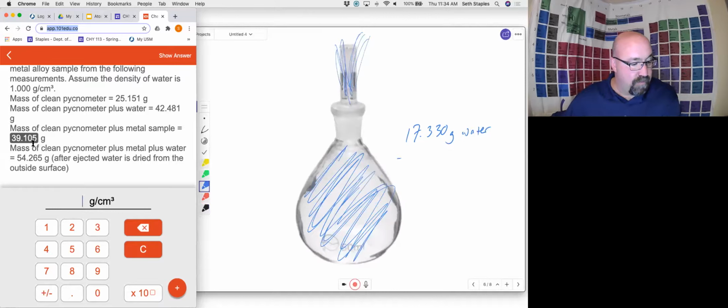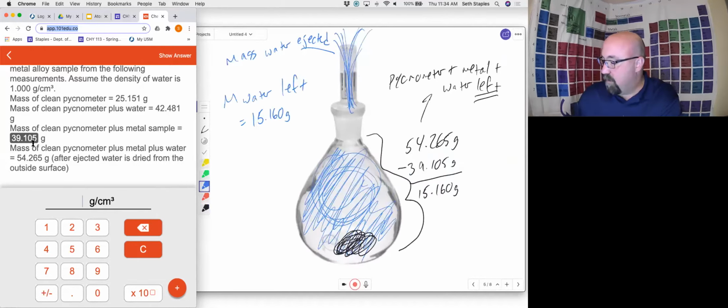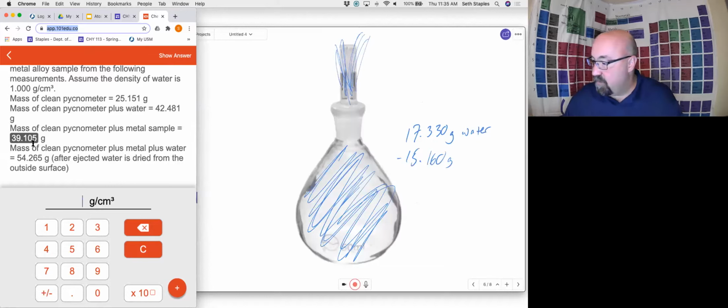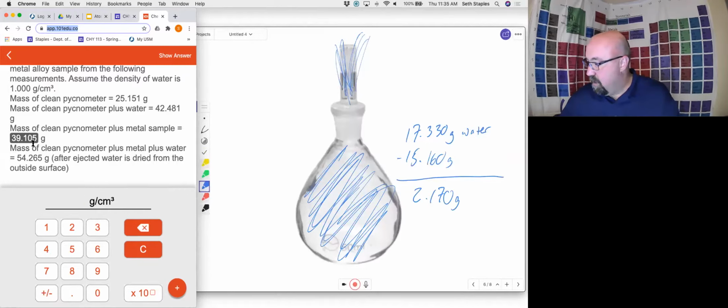So the mass of the water that was left in there was our 15.160 grams. Remember, that's what we found right here. So 15.160 grams is the amount of water left after some of it is ejected. And so we subtract those two numbers from each other, and we get a value of 2.170 grams. And so remember, that equals the mass of the water that was actually ejected. That equals this mass right here.